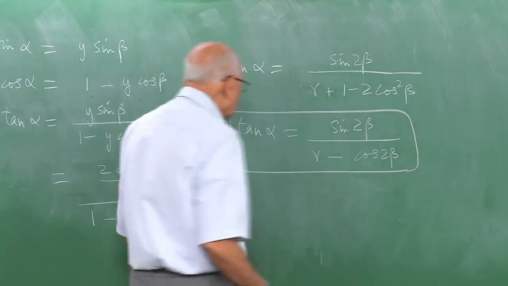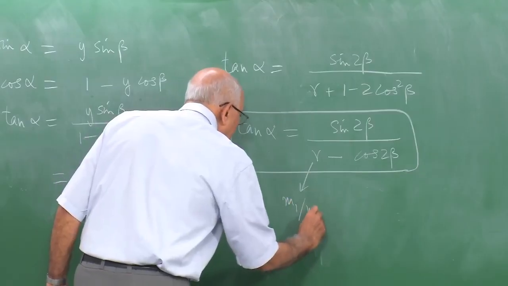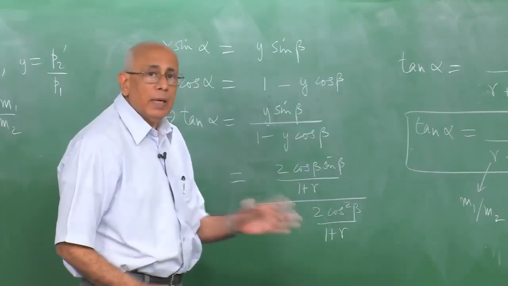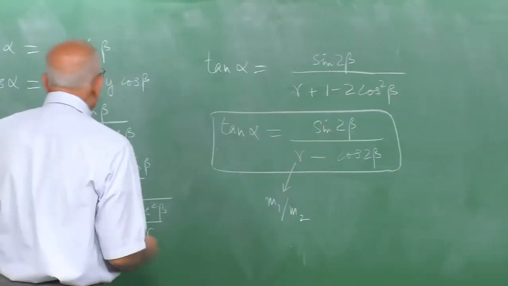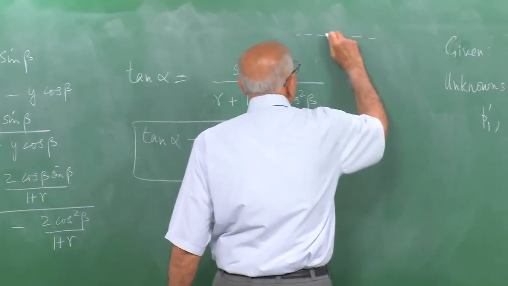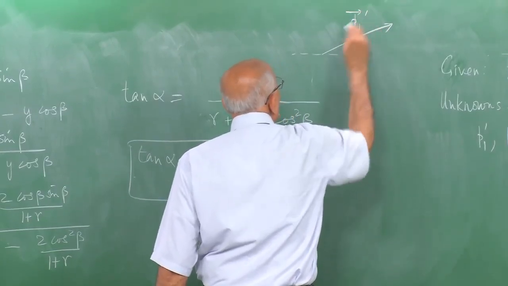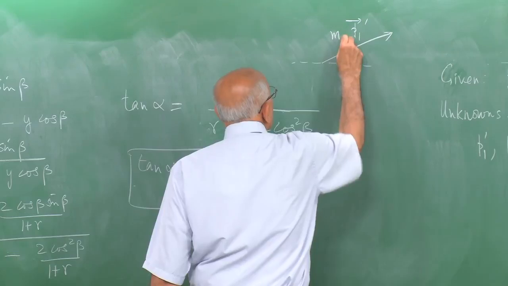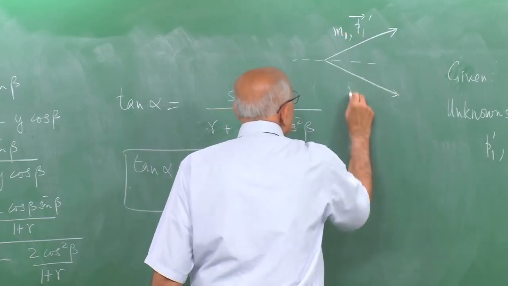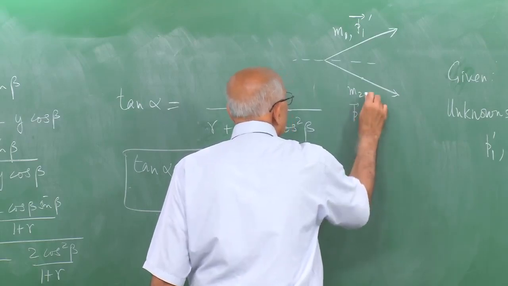Okay. And this r, remember, is m1 divided by m2. So, there is a simple relation which connects the scattering angles. Again, to draw the geometry, this was the incident direction, that is the direction of the mass m1, the projectile, and that is the direction of the mass m2, the original target.